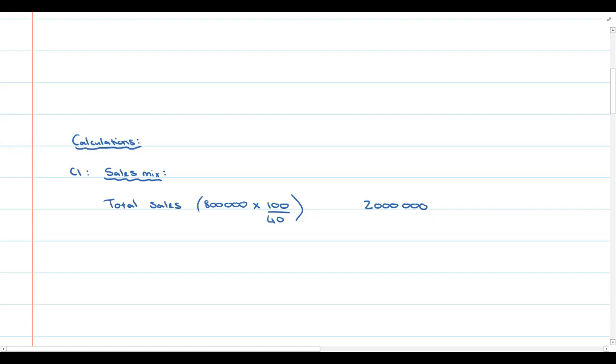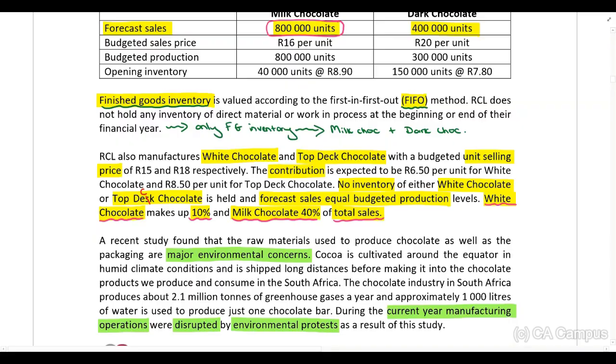Now we can look at the breakdown. We know that milk chocolate is 800,000 units. We were also told that dark chocolate is 400,000 units and white chocolate is 10% of total sales. So now that we know total sales are 2 million units, we can calculate the number of units that they expect to sell of white chocolate.